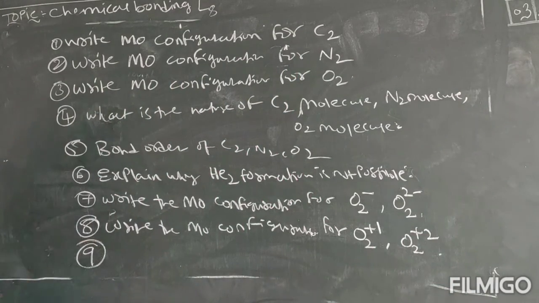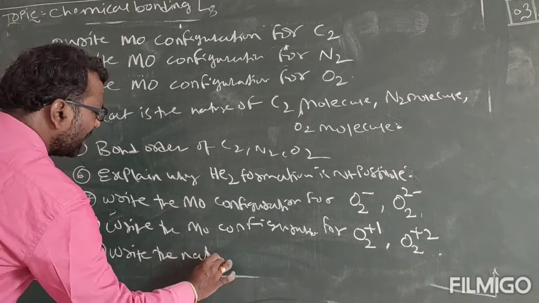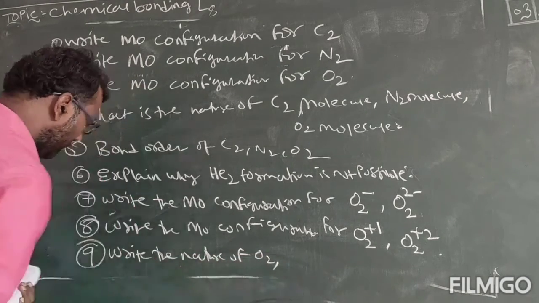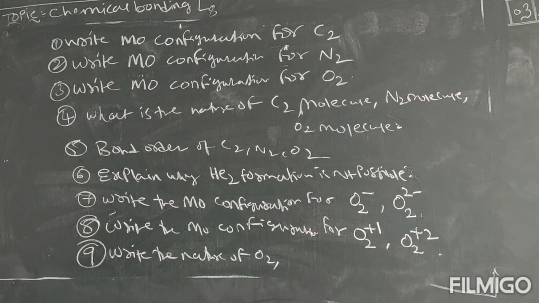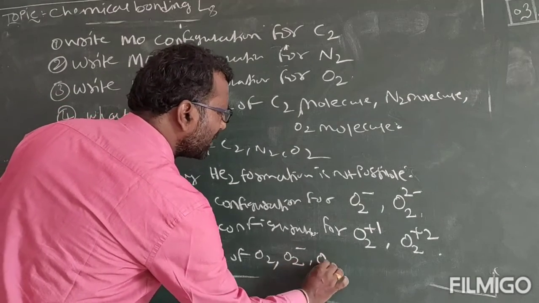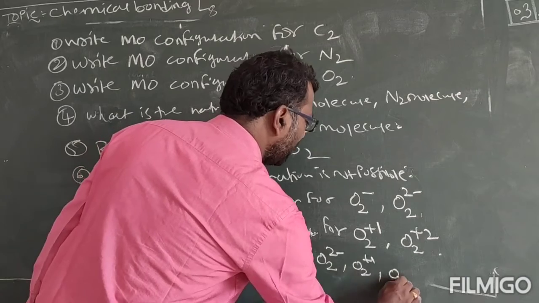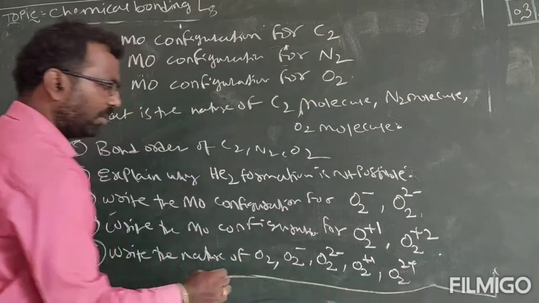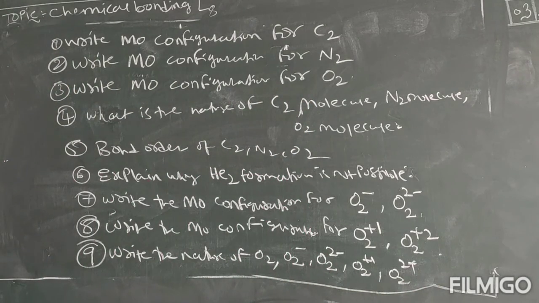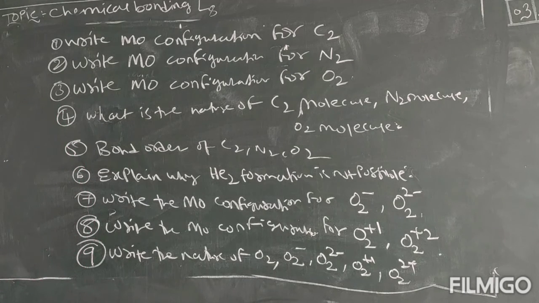And the last question, write the nature of O2, O2 minus, O2 2 minus, O2 plus 1 and O2 2 plus. Okay, these 9 questions you complete and write the answers.